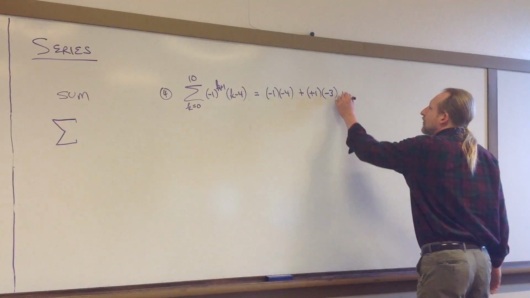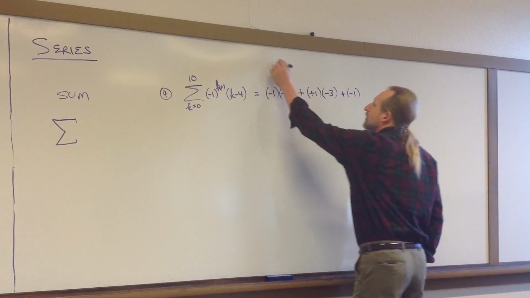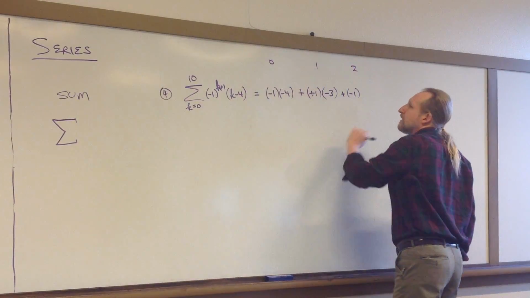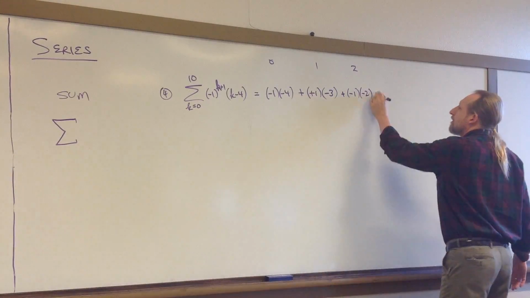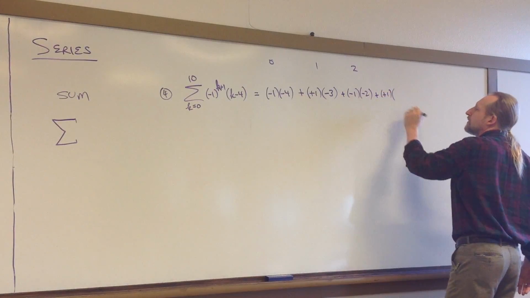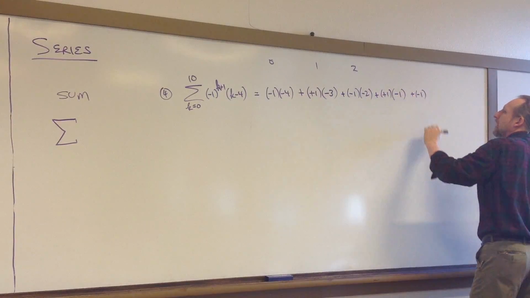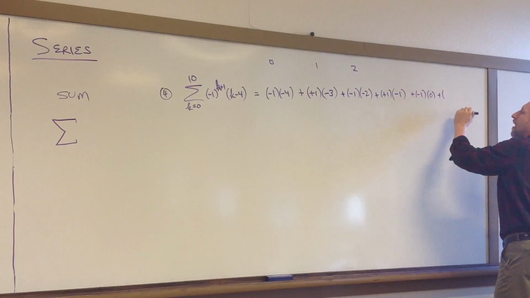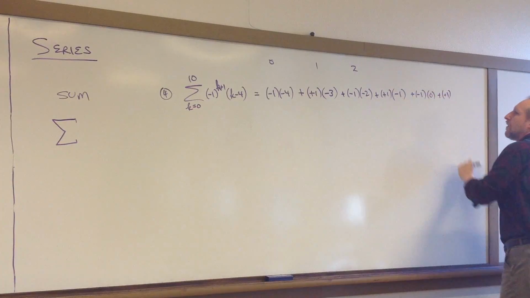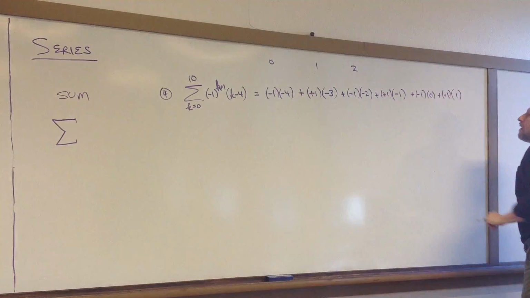The next one, we'll have a negative 1. 2 minus 4, negative 2. And then positive 1. 3 minus 4 is negative 1. Negative 1, 4 minus 4 is 0. Positive 1, 5 minus 4 is 1.